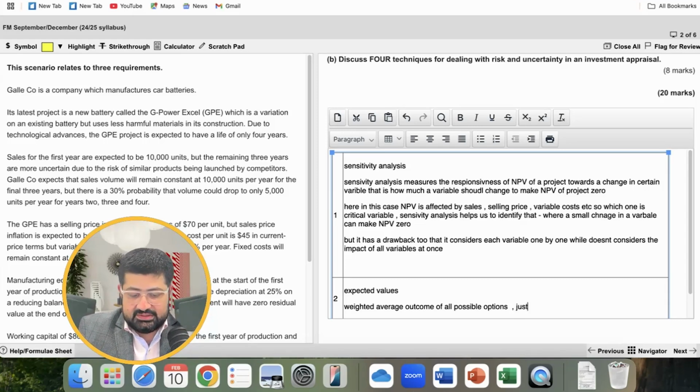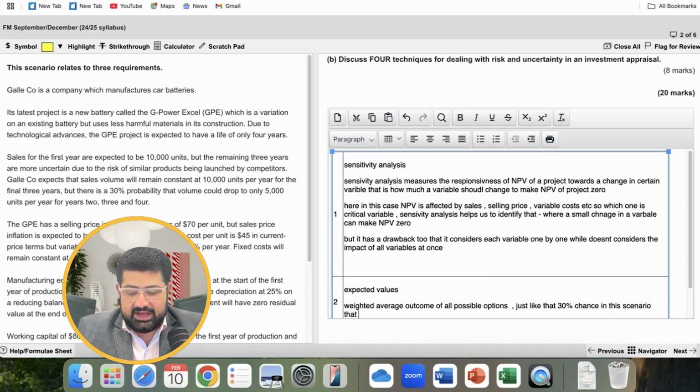Just like that, 30% chance in this scenario that units sale will be 5,000, and 70% chance that it will be 10,000 as from year 2.